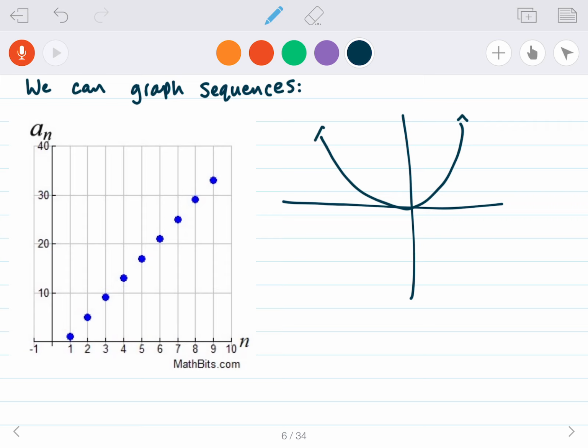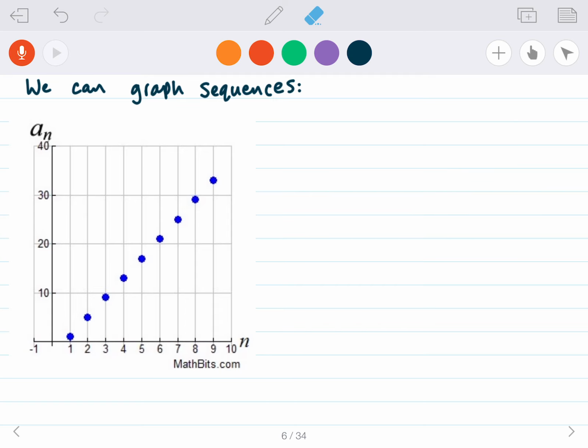That was continuous because our domain was usually the real numbers. But here, our domain is the natural numbers. So we're not going to have a continuous picture like the parabola where you can draw it without picking your pencil up. Anyway, this is just a little graph I found on Google.